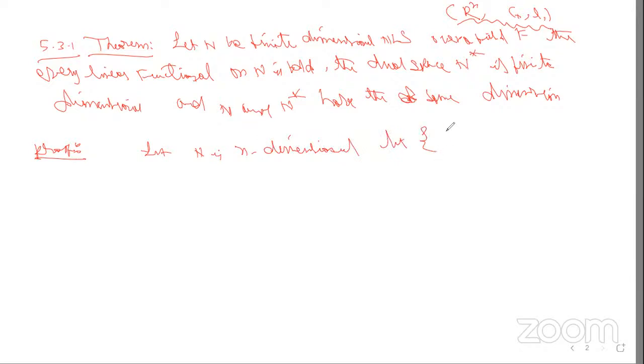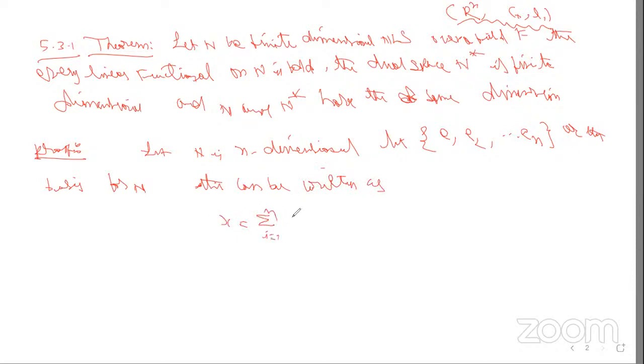Let e1, e2, ..., en be a basis for N. Then each x in N can be written as x equal to the sum from i equal to 1 to n of alpha i ei, where alpha i belongs to the scalar field F, capital F meaning scalar field, i equal to 1 to n.